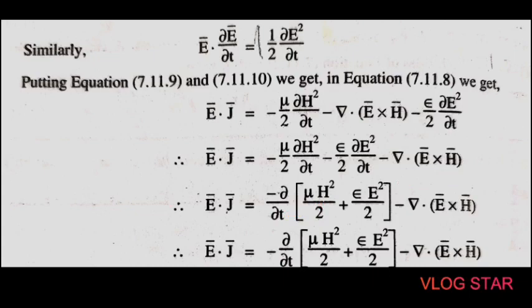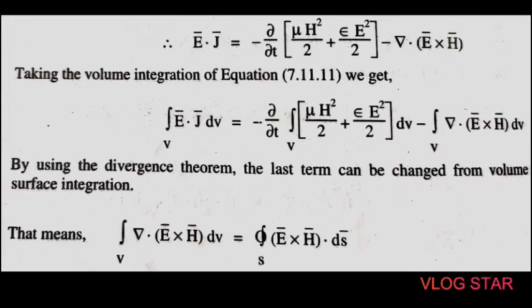Okay, so taking the volume integration of this equation, we get the integration over the closed volume of E bar dot J bar dV is equal to minus dou by dou t, integration over the closed volume V of mu H square by 2 plus epsilon E square by 2 dV, minus the integration of del into E bar cross H bar dV.